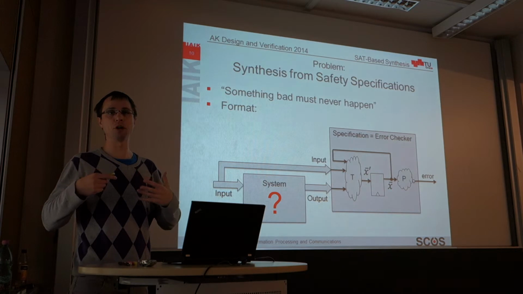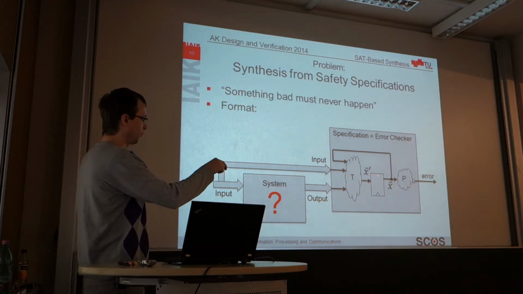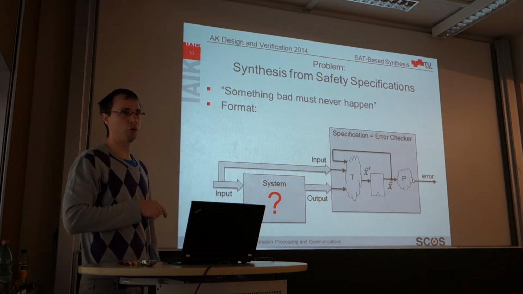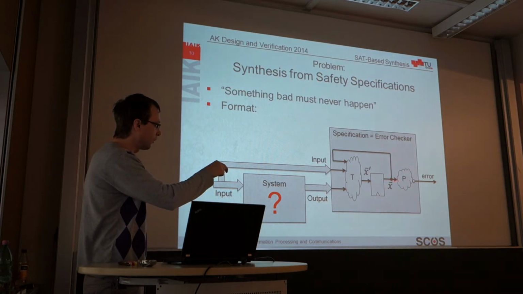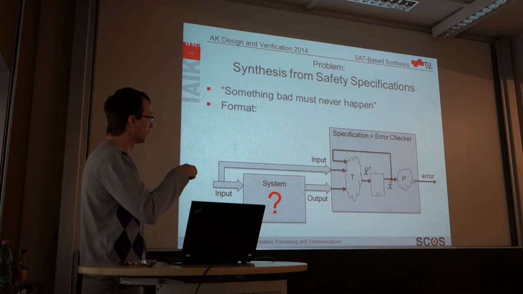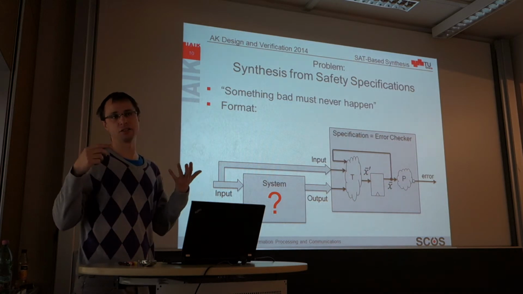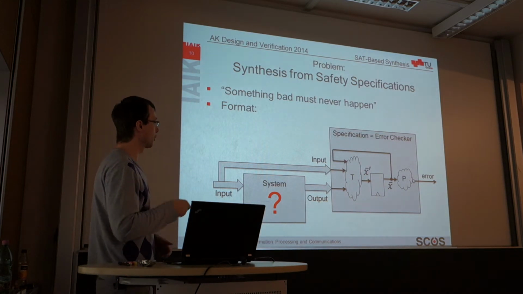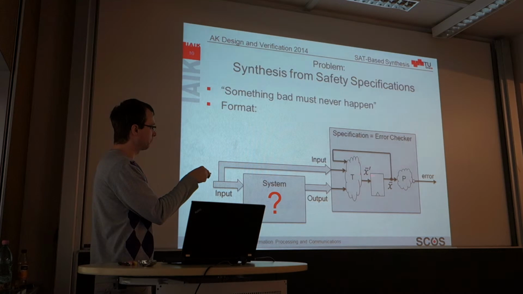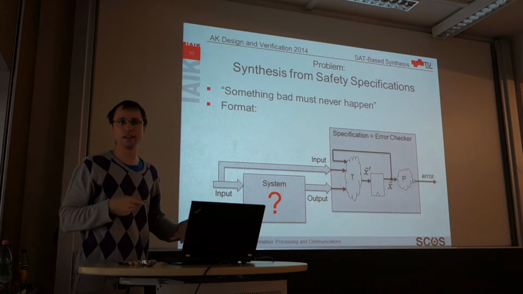We have a couple of state bits which define in which state we are. I illustrated them here as a couple of latches which store the values of certain state bits x. Then we have a so-called transition function t, which is basically some kind of a combinational circuit which, based on the current state and the input and the output of the system, computes the next state in which we go.